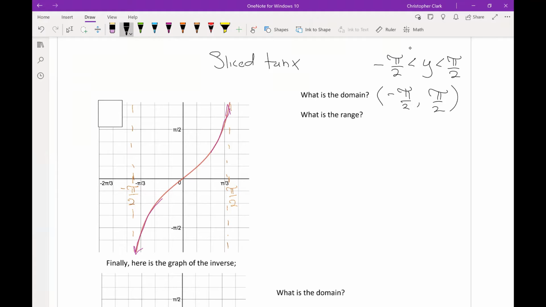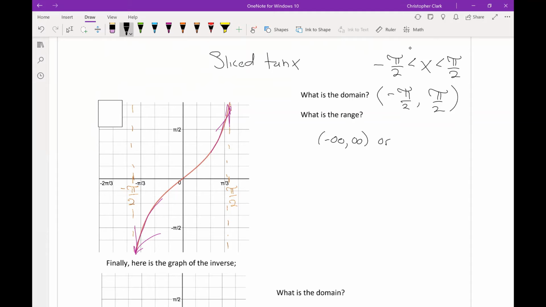And then the range, so this is really interesting. What's the range of our sliced tangent function? It actually shoots up to positive infinity in this direction, and shoots down to negative infinity in this direction. So our range is negative infinity to infinity. Oh, excuse me, I apologize, I said y for the domain, so that should be x.